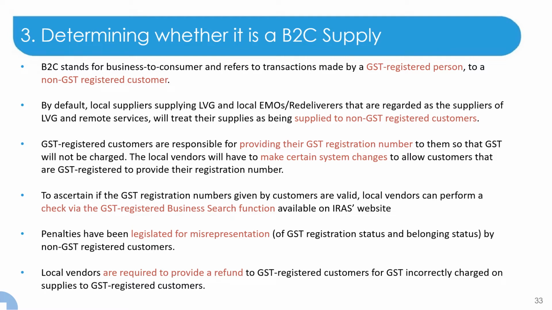Penalties have been legislated for misrepresentation of GST registration status and belonging status by non-GST registered customers. Do also note that local vendors are required to provide a refund to GST registered customers for GST incorrectly charged on supplies to GST registered customers.